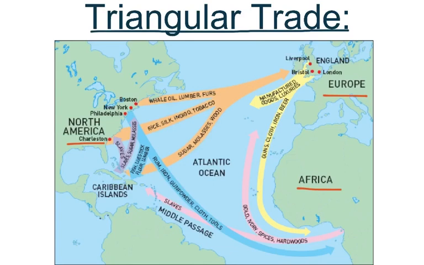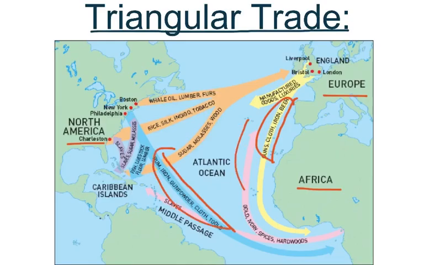Some of the supplies that they had were guns, cloth, iron, beer, rum, gunpowder, and tools. With these supplies being sent to Africa from Europe and from the United States, it was here that they would trade their fellow Africans to the United States, to North America, and to Europe for these things, right?